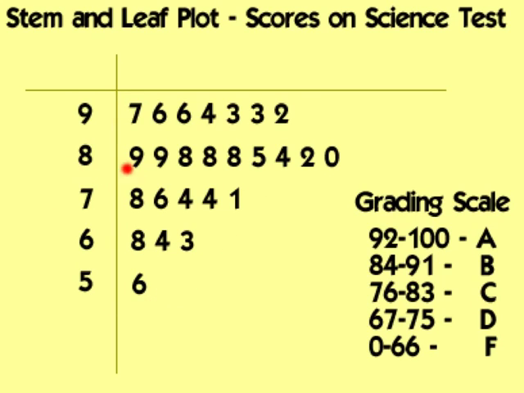It's easy this way to see that the majority of the scores were in the 80s range, the next highest would have been in the 90s, and only one person was down here in the 50s area.